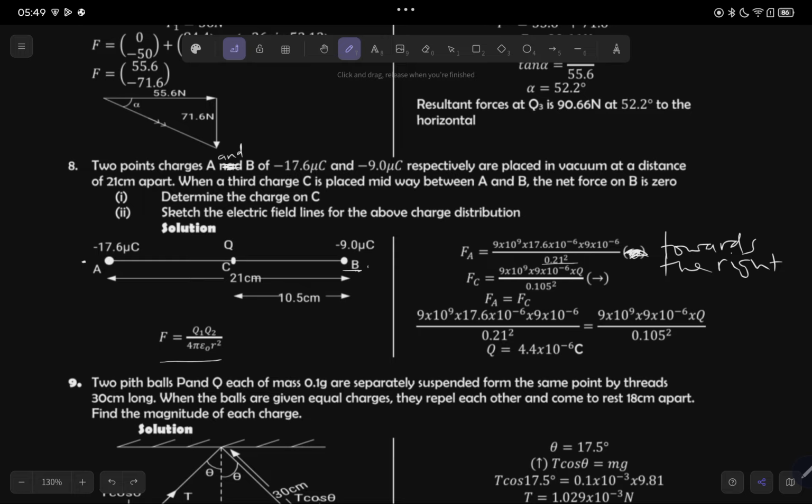So the charge at C, which we don't know, must be a positive charge, positive Q. And it will pull B back to the left. So this one is actually leftward. So assuming the charge at C has magnitude Q, which we don't know.